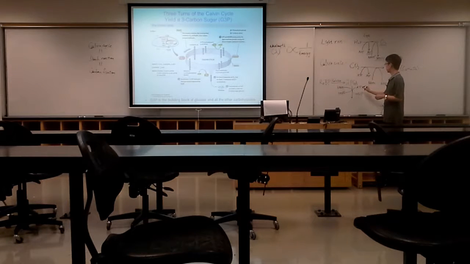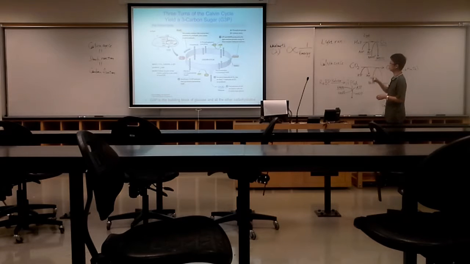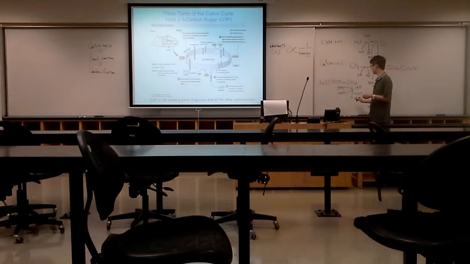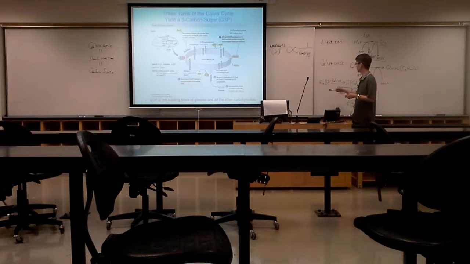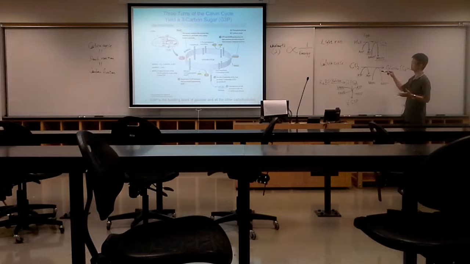So you need the ATP and NADPH from the light reaction to convert PGA into 1/3 of the G3P. Yes. So this is like the summary, or not summary, I would say relatively more details of the Calvin cycle here.